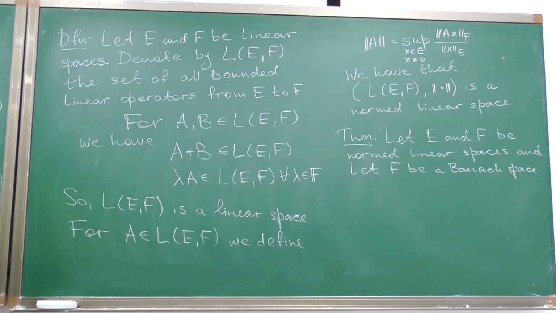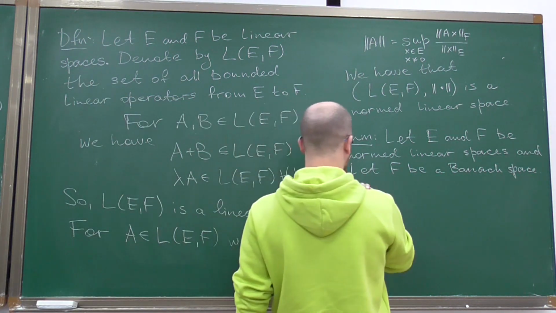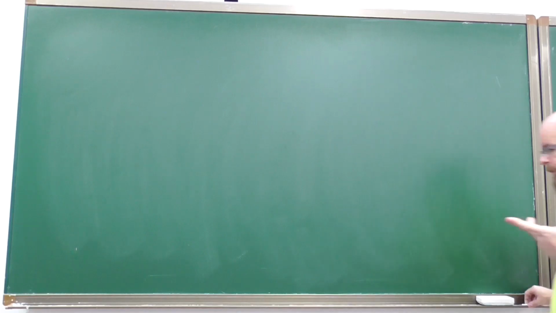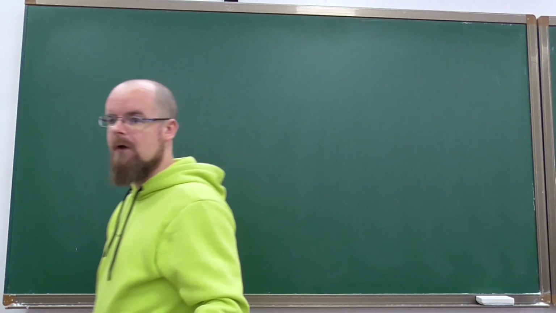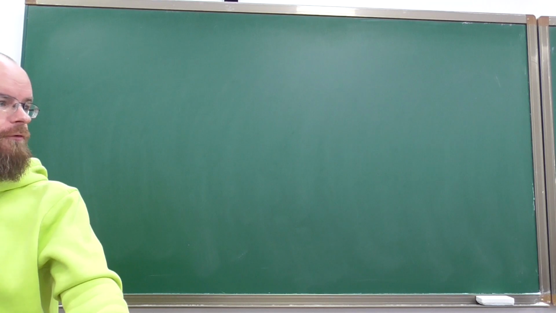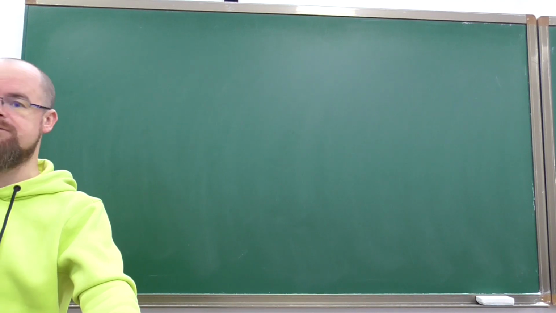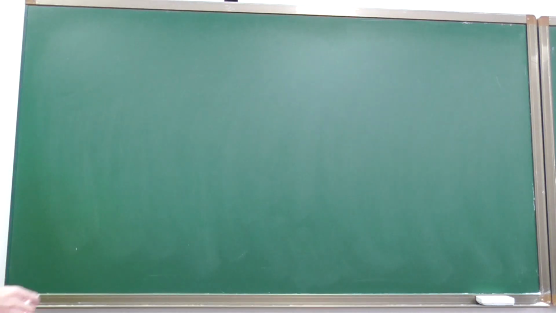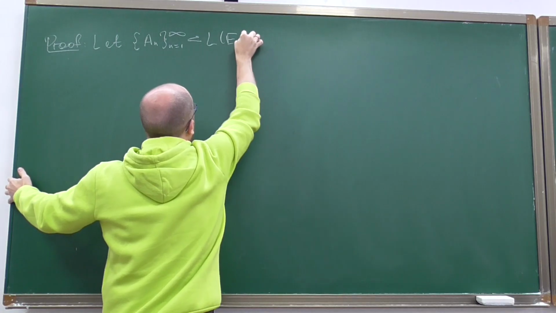Then the space of bounded linear operators is Banach. So we want to prove the completeness. By definition, we have to take a Cauchy sequence and prove that it is convergent in this space. That's what we need to do.